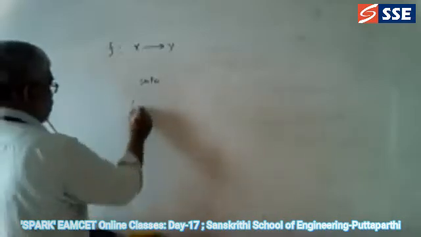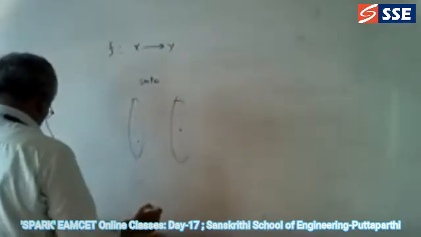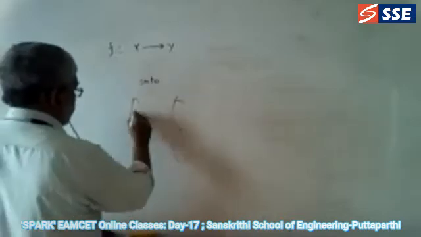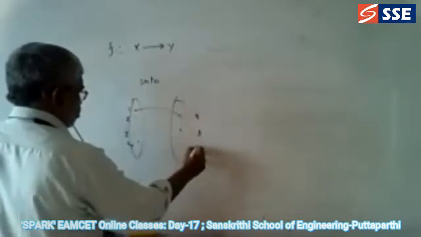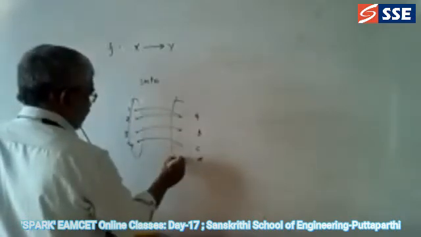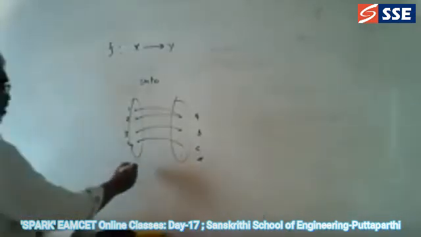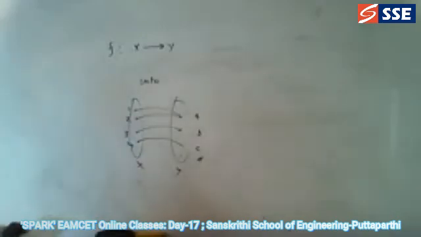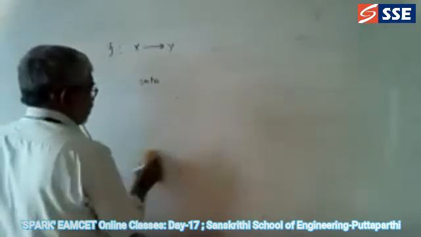So you can take 1, 2, 3, 4 and A, B, C, D, and it goes like this. One element, D, is not an image of any element in X. Then we call this an into function. Let us see the next one.